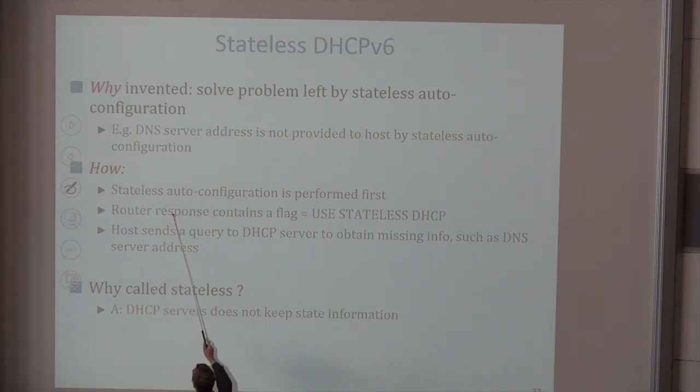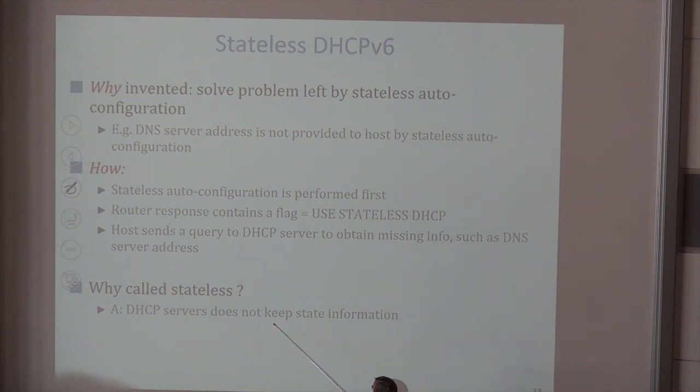So if you use this method, when an IPv6 machine starts, it will obtain its IPv6 address for all of its interfaces, and the things that are missing, it will ask them to a DHCP server, but it will not ask the DHCP server for IP addresses, but just for the IP address of the DNS server.